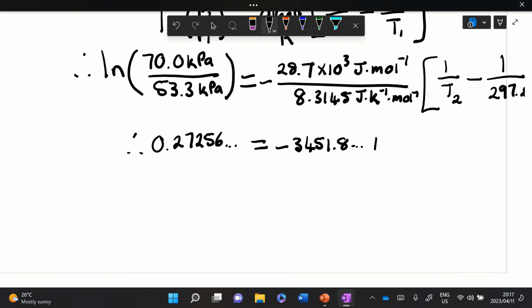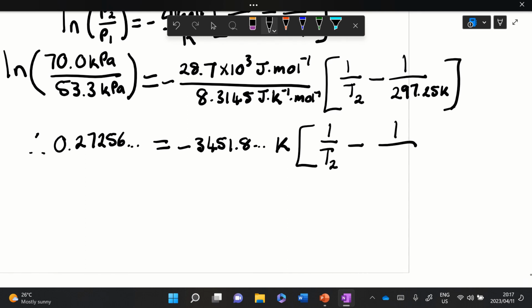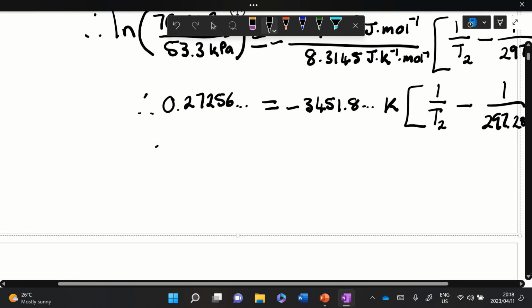There's only a Kelvin that remains here because the joules cancel, the per moles cancel, and the Kelvin goes on top, right? And then on here we're left with 1 over T2 minus 1 over 297.25 Kelvin. Then we're going to divide these two values with one another.